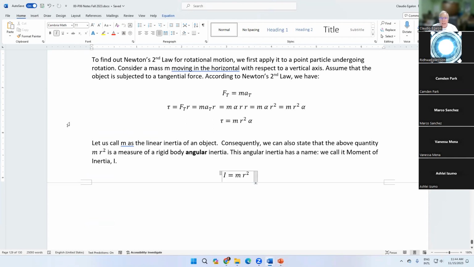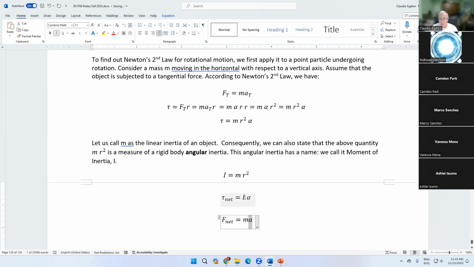And now we can here write our net torque as being I times alpha. Okay, and compare that with Newton's second law. Linear inertia, angular inertia.